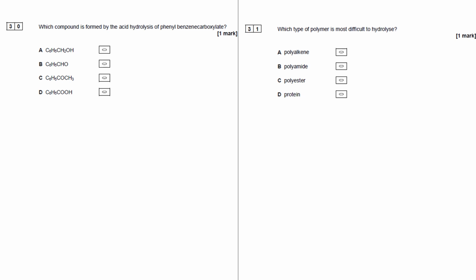Question 30. Which compound is formed by acid hydrolysis of phenyl benzene carboxylate? Just take a minute there, think about what that compound is. Benzene carboxylate.